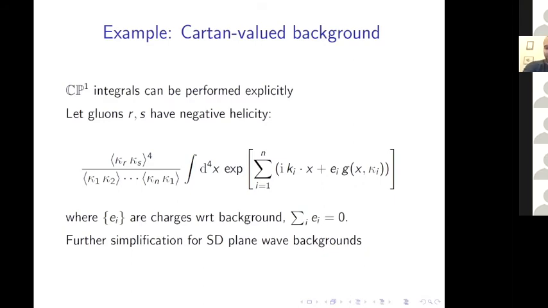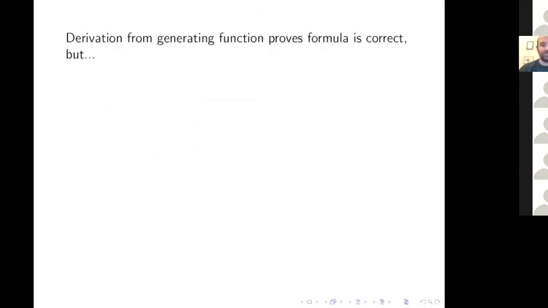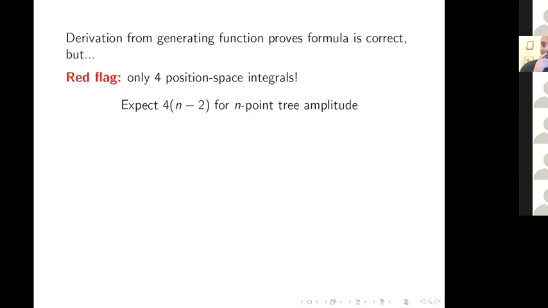There's even further simplification of this formula if you restrict to the special case of plane waves. There, it turns out that 3 of these position space integrals can be done analytically, and there's only one residual integral left over. The fact that we derived this from first principles from a space-time generating functional in some sense proves that the formula is correct, but there's one red flag, which is that there's a single position space integral in this formula for arbitrary multiplicity.